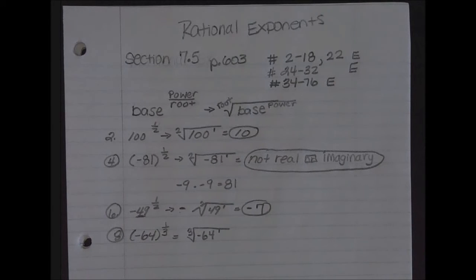Again, if you remember what we went over in the 7.1 lesson, we can have the cube root of a negative number because a negative times a negative times a negative will give us a negative number. So that means that we can take that cube root of a negative, which would give us a negative, and then the cube root of 64 is 4. So negative 4 is our final answer.